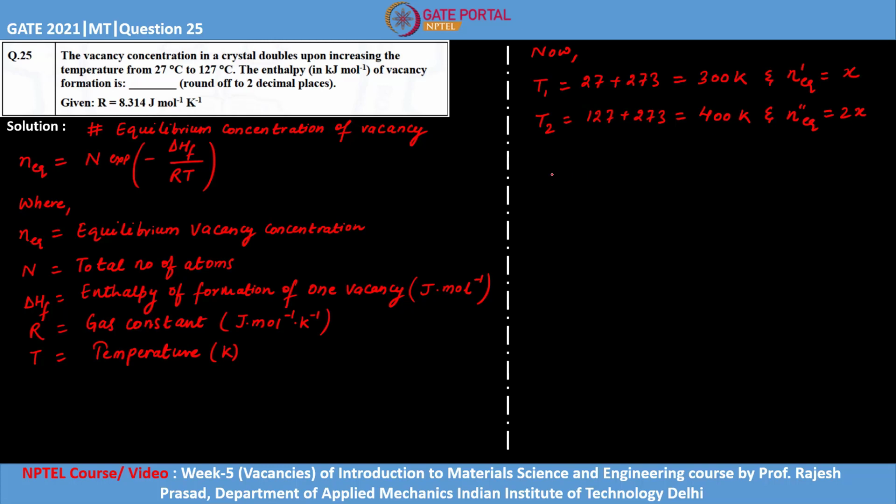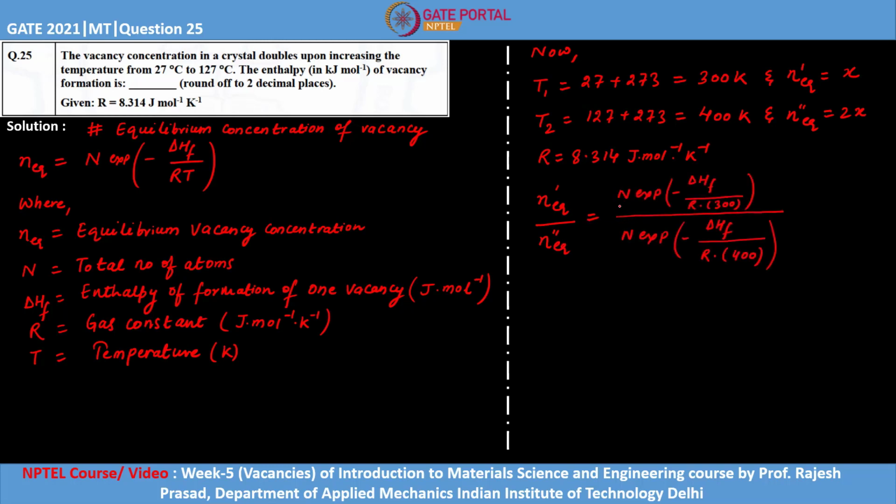Now, the value of R, as I already mentioned, is equal to 8.314 joule per mole per Kelvin. So we will take the ratio of the equilibrium concentration of vacancy at temperature T1 and T2, which will be equal to N into exponential of minus delta HF upon R with the temperature 300.